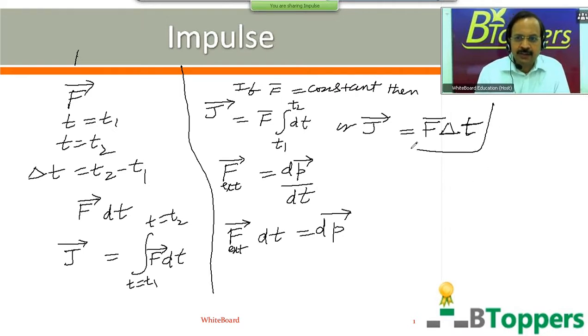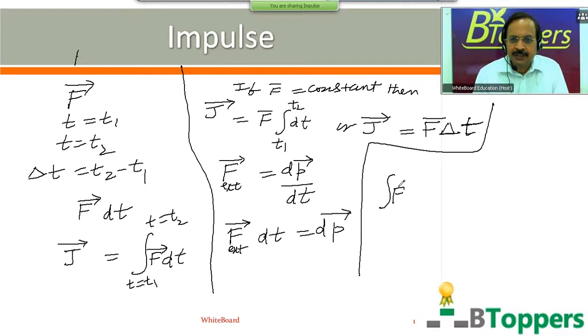So to find the total change in linear momentum for the finite time interval delta t between the two instants t equal to t1 and t equal to t2, during which the impulsive force acts on the body, we have to integrate this.